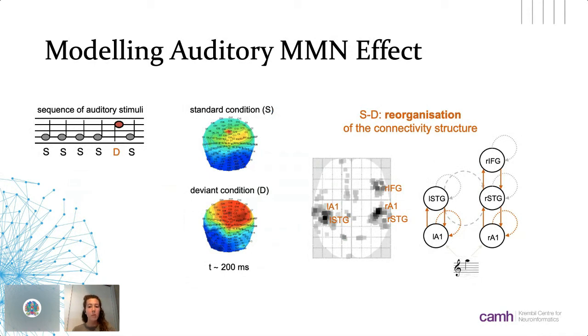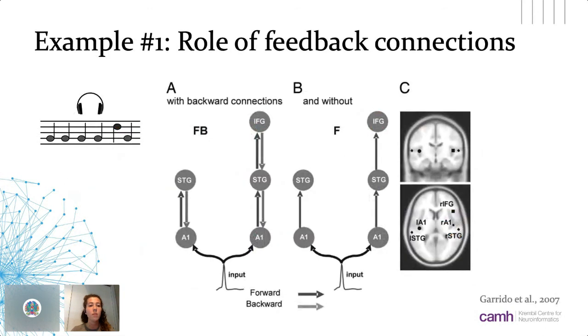With DCM, we want to examine this connectivity between the different regions and changes in this connectivity between different clinical groups or under pharmacological influence. One of the first examples, in 2007, looking at the MMN with DCM, the authors focused on the role of backward connections to investigate the ERP elicited by the deviant stimulus.